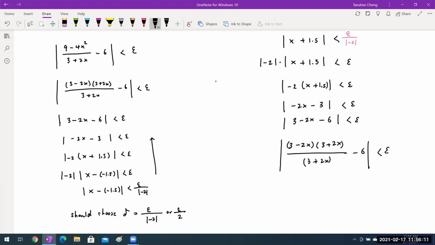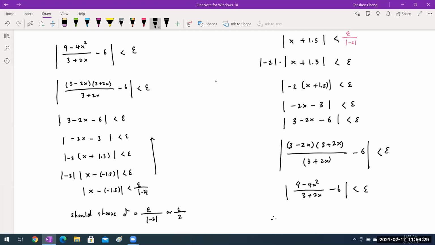That's the answer. Which gives us 9 minus 4x squared over 3 plus 2x minus 6 is less than epsilon, which is the conclusion that we want to get.